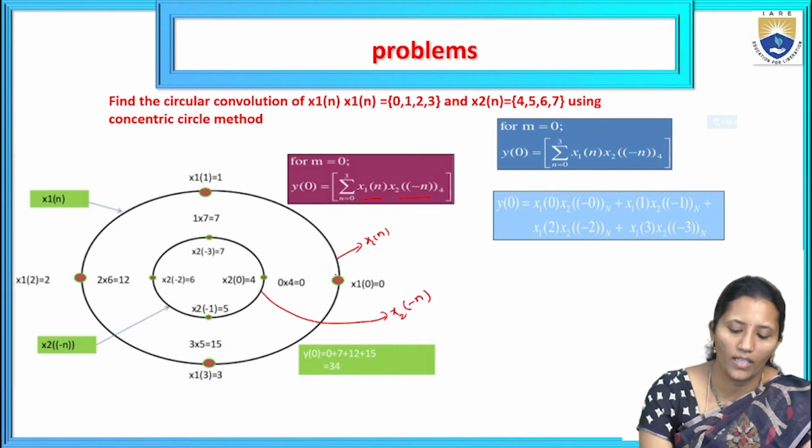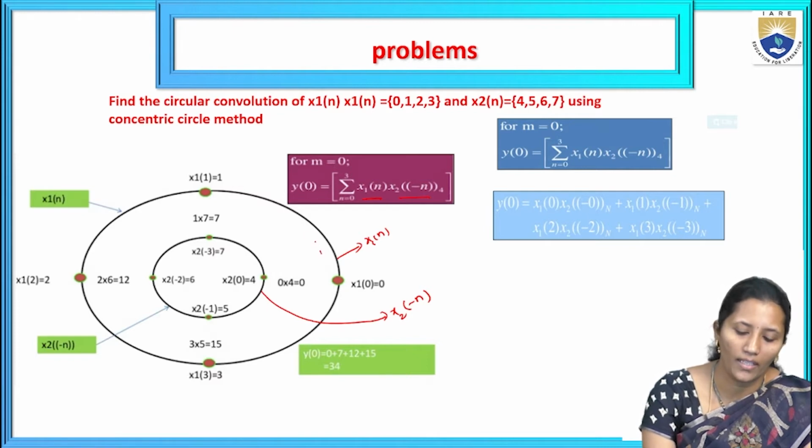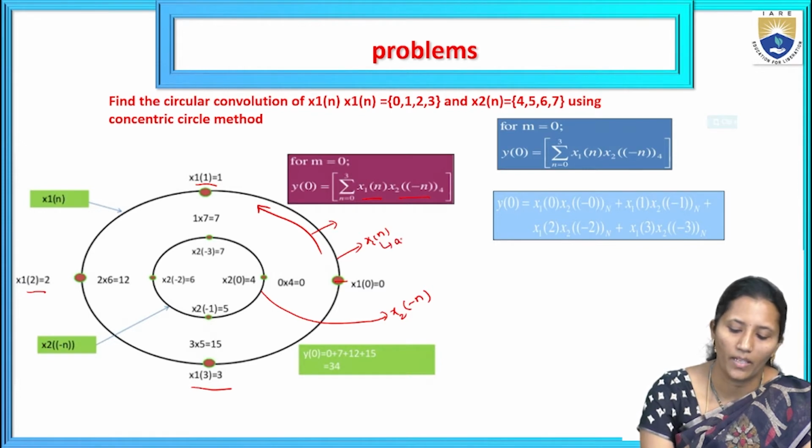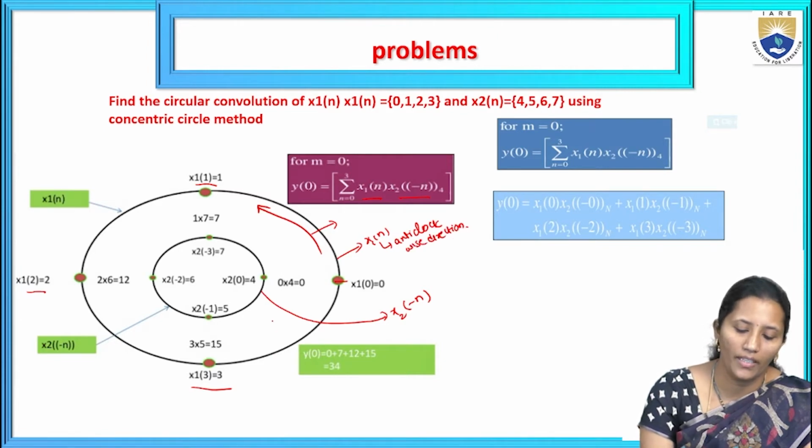In the outermost circle, we already know how to make the points, in the anti-clockwise direction. So from here it starts with x1 of 0, x1 of 1, x1 of 2 and x1 of 3. We plot x1 of n in the anti-clockwise direction. For the inner circle, we are multiplying with x2 of minus n.